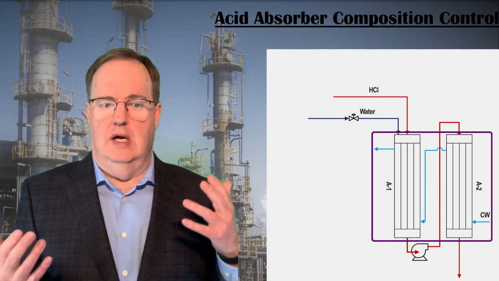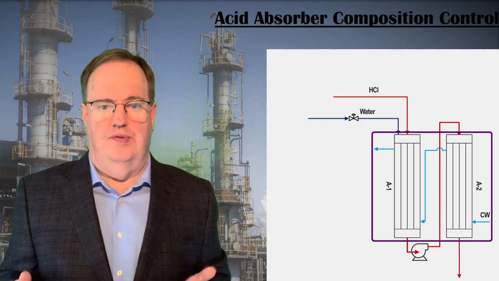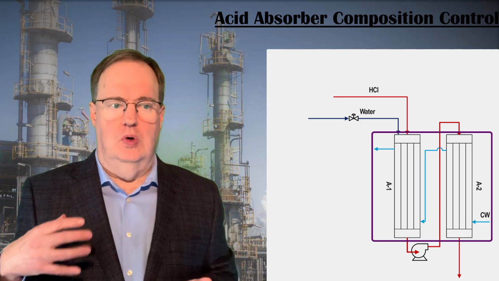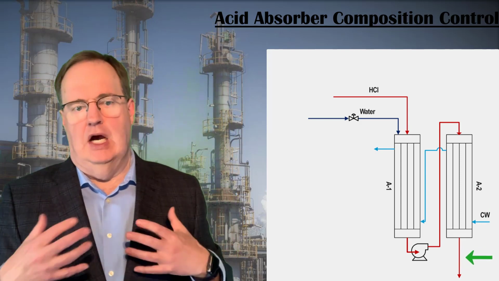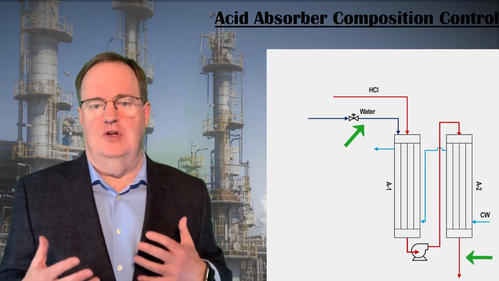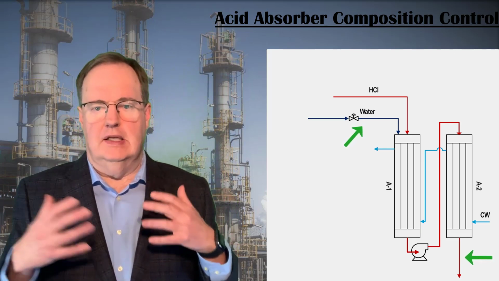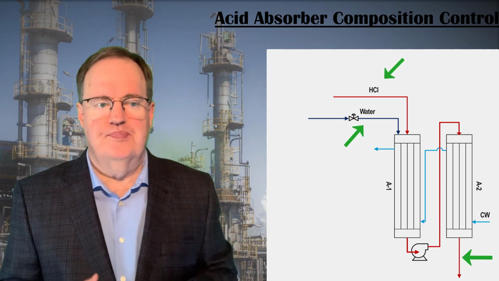Water and HCl are added concurrently and absorb as the heat is removed. The process goal is to maintain a constant acid strength at the outlet of the absorber by adjusting the water mass flow to ratio to the incoming hydrogen chloride mass flow.